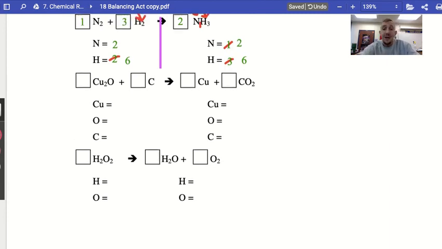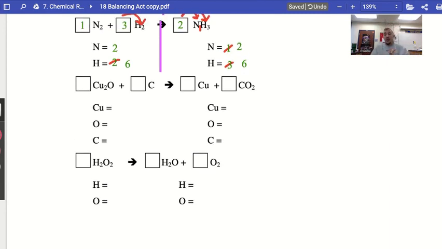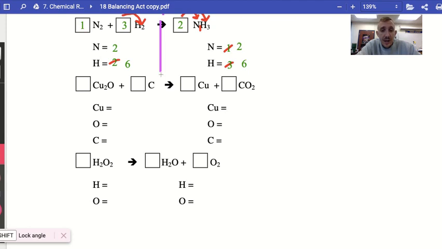Well, now we have a different compound. It's a little harder to the extent that we now have one more coefficient that we're going to have to worry about. Okay? So we're going to go ahead once again, follow the same rules. I'm going to go ahead and separate the left side, my reactants, versus the right side, my products, where the arrow is.